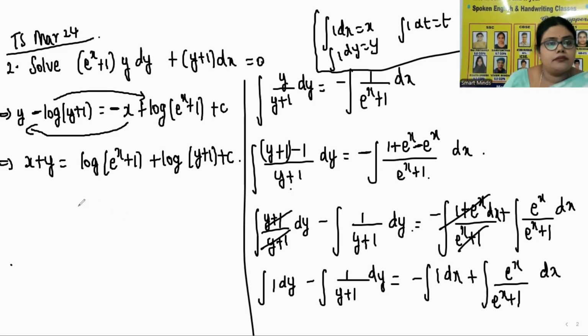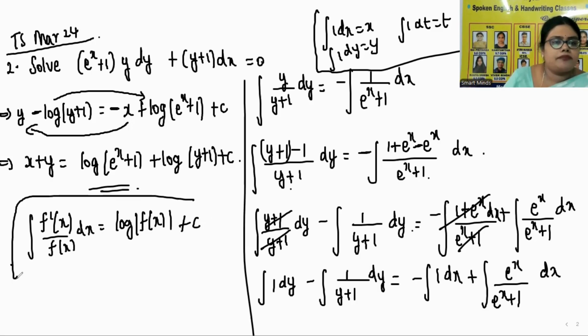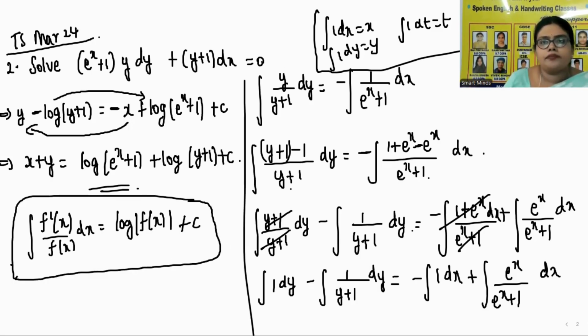So this is the general solution. And let me tell you the formula which I used here. Integral f dash of x by f of x dx is log mod f of x plus c. Got it?